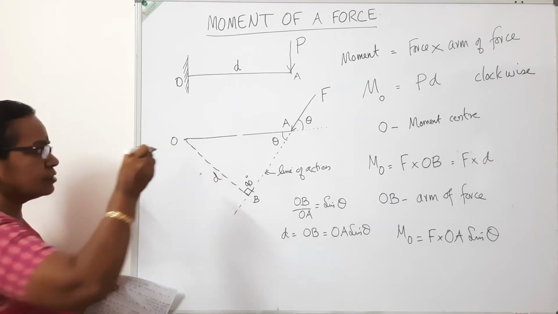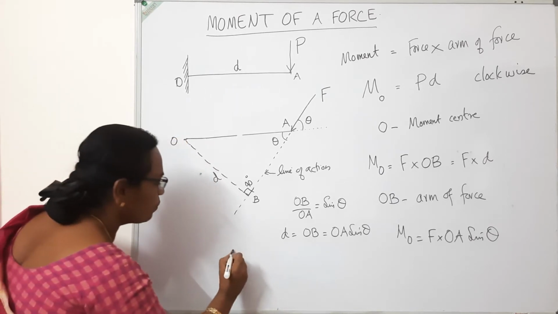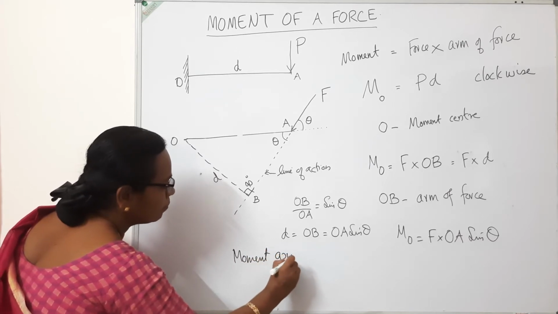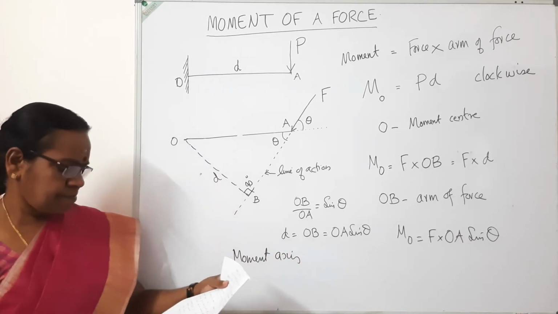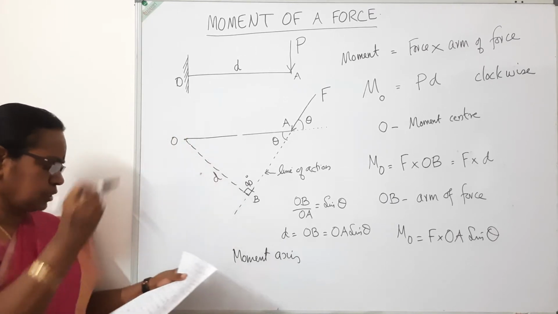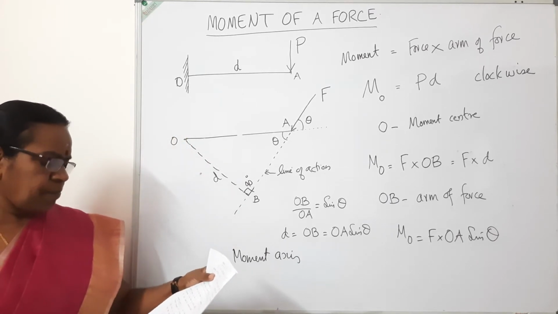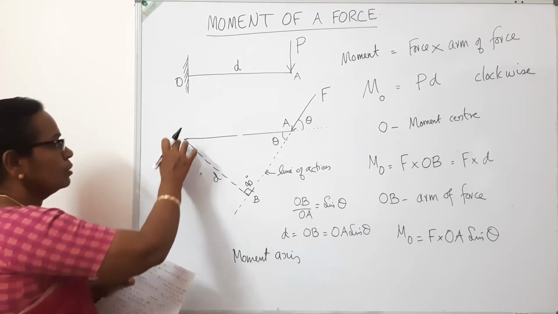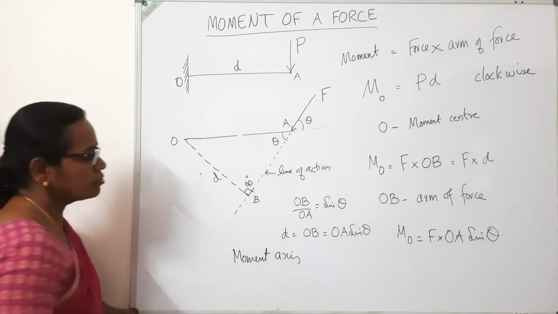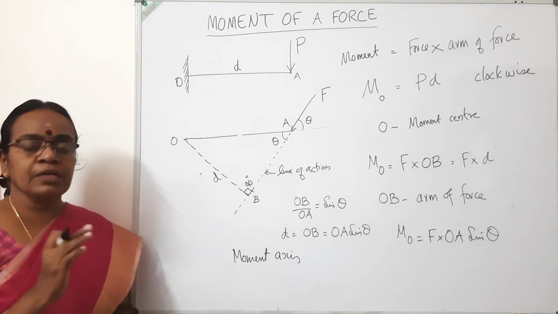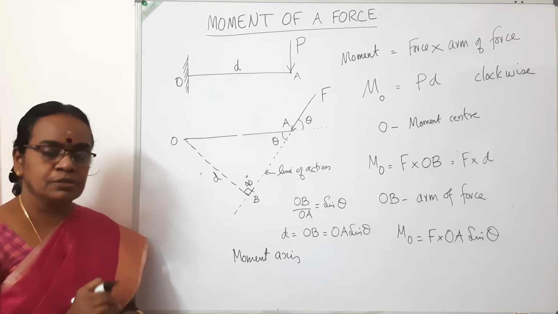This axis is called the moment axis, or axis of the moment. The axis perpendicular to the plane containing the force and passing through the moment center is called the axis of moment or moment axis.